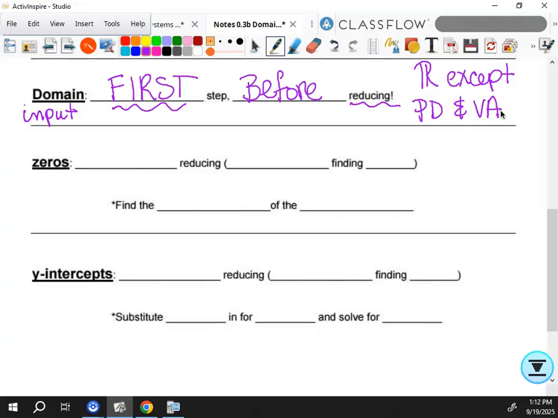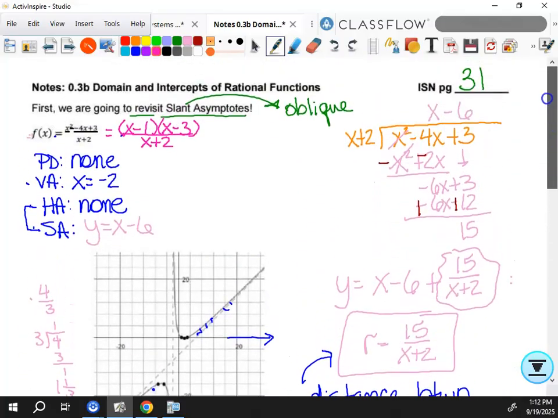Then we have our zeros, roots, solutions, intercepts, whatever. But you do this after reducing, all right? And when we reduce, what are we looking for? If I can cancel holes or point discontinuity, so that means this is after point discontinuity. Now, when we found vertical asymptotes, where do we look in our function for the vertical asymptotes?